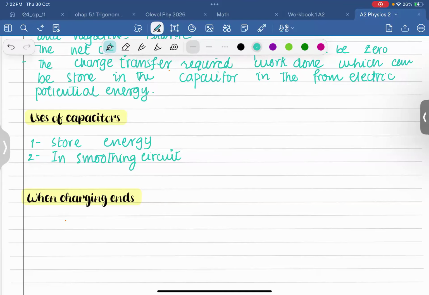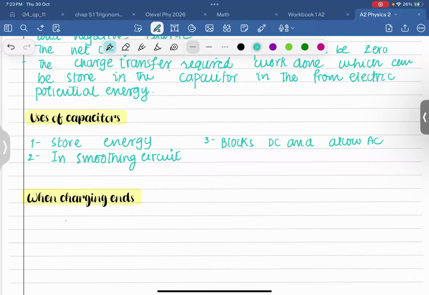Now the third thing is, it is used to block DC and allow AC, right? It blocks DC and allows AC.